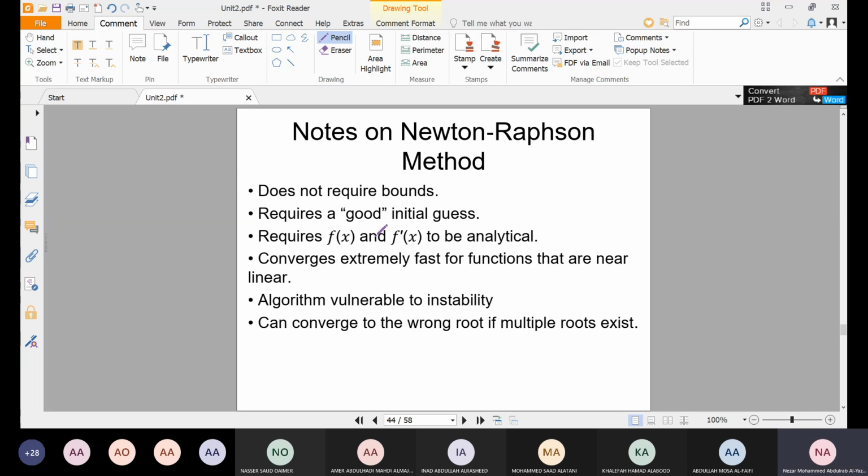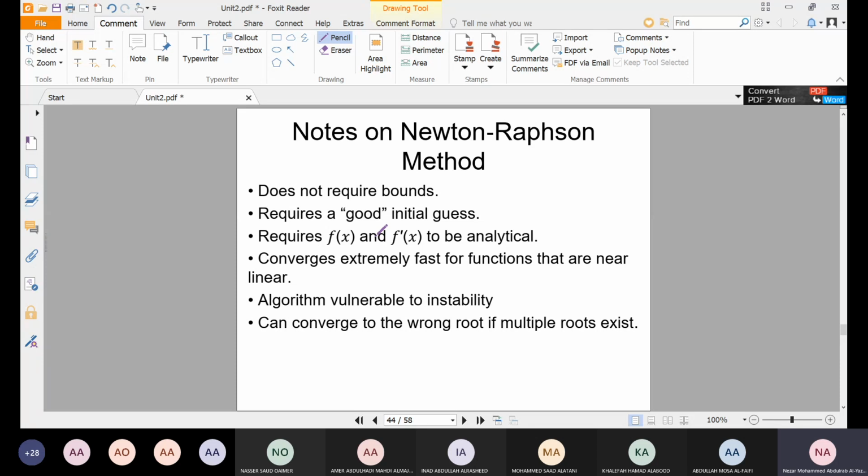One advantage is that it does not require two initial guesses, it needs only one. But it requires a good estimate, so this estimate should be close to the root. If it is far from this one, sometimes it will not converge. It also requires the evaluation of the function f of x. For all the methods, we need this f of x, and also the first derivative.